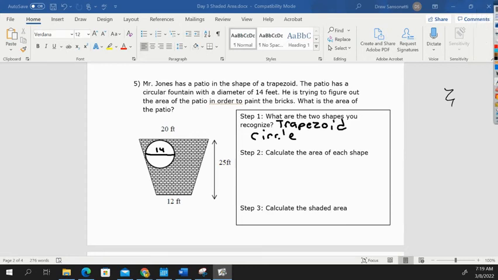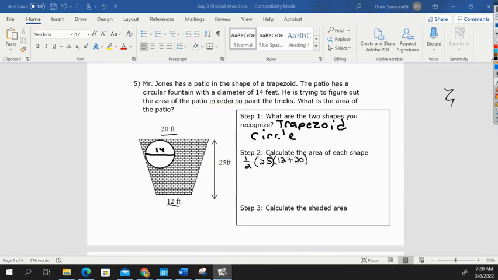So first, let's do the area of the trapezoid. Now, if you remember to find the area of a trapezoid, make sure you use your formula sheet. It's going to be 1/2 times the height. It is 25 tall. Times base 1 and base 2 being added together, the 2 bases. So we'll add together the 2 bases.